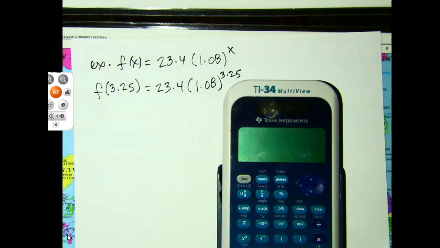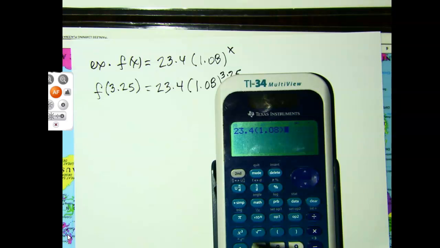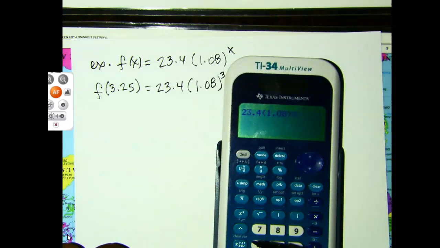Okay, so let's go ahead and turn it on. All right. So you can actually enter it on this calculator just how it is. So we can go 23.4, parentheses, 1.08, close our parentheses, and your exponent button is right below the x squared here.